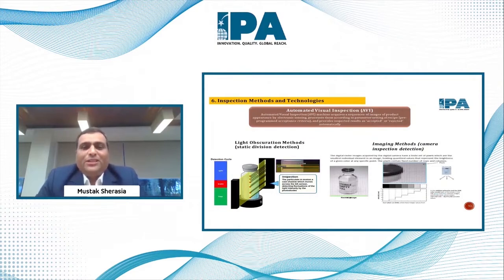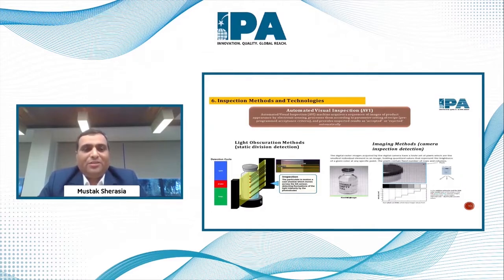The third inspection technology is automated visual inspection, and this is now emerging in most companies and industries. Two methods are used: one is light obstruction methods, and the second is imaging methods with a camera.